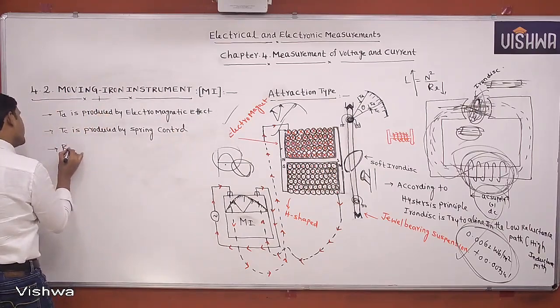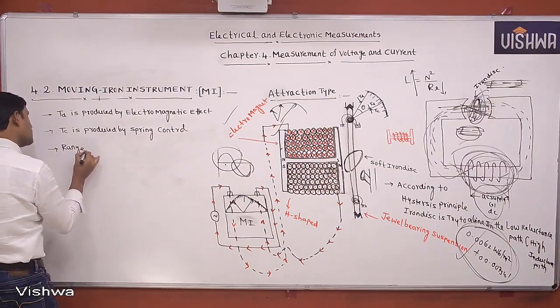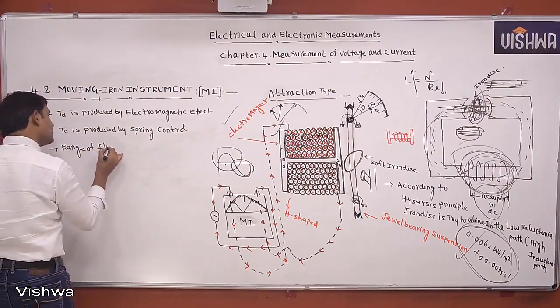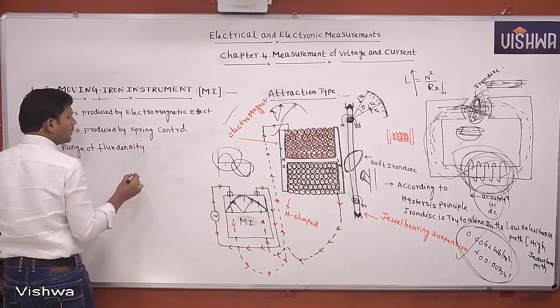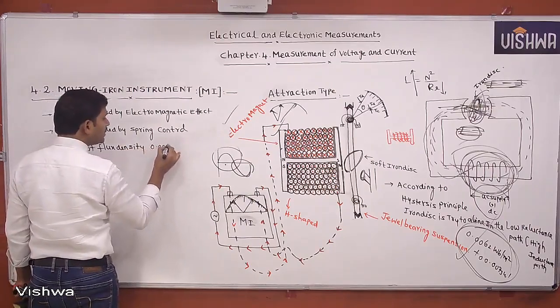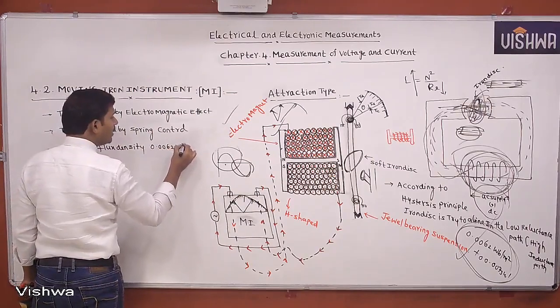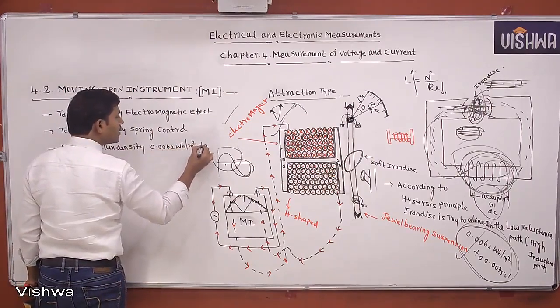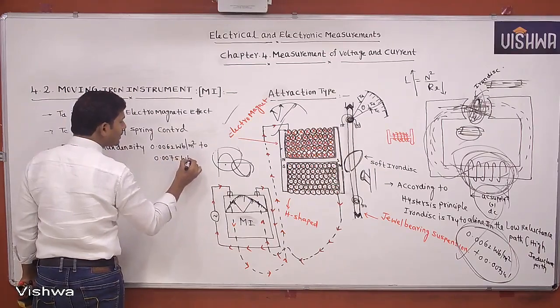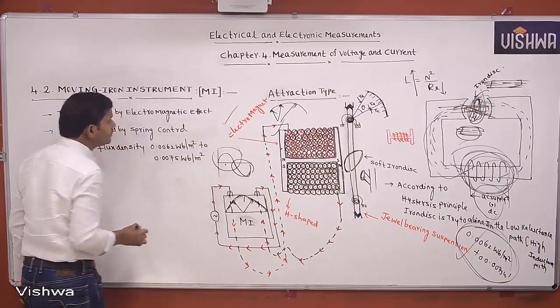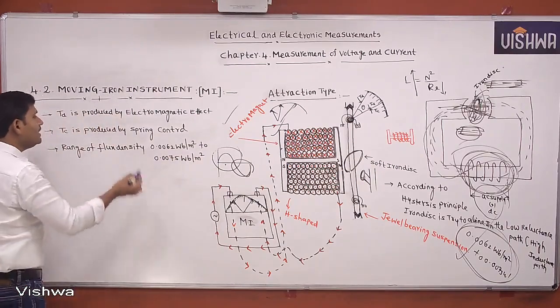Range of flux density in MI instrument: 0.0062 Weber per meter square to 0.0075 Weber per meter square is the range of flux density. Why this weak magnetic field?